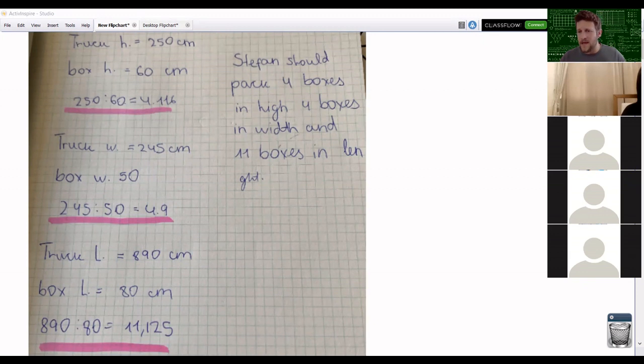I'll give maybe another, let's say 45 seconds to follow that same link and tell me, if you were Stefan, would you know how to pack the truck? About 20 more seconds.